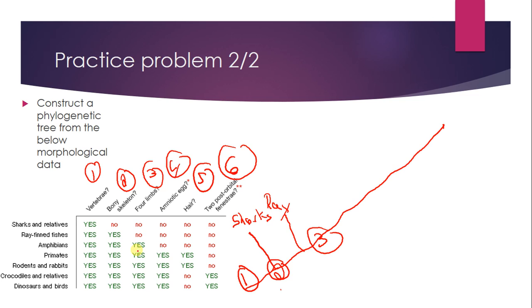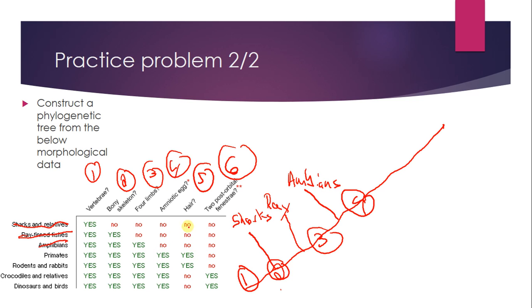Then there are amphibians. Amphibians don't have an amniotic egg. The rest do. So amphibians must have diverged before amniotic eggs, which is trait 4.